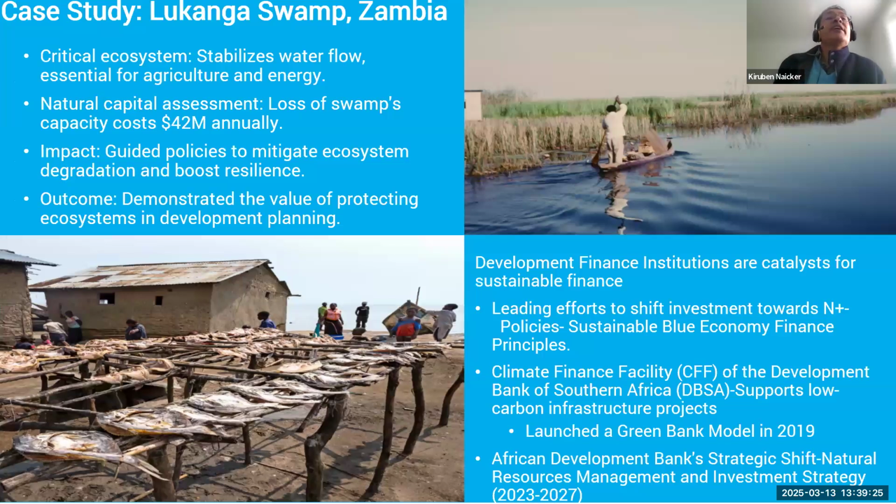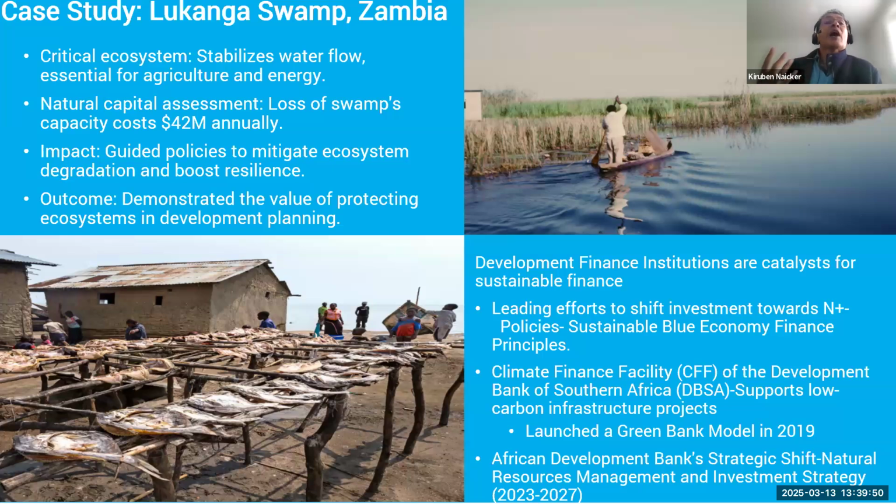So I'm going to touch very briefly on the case study on Lukanga Swamp in Zambia. This is a critical ecosystem which stabilizes water flow, essential for agriculture and energy. And the natural capital assessment, the loss of the swamp's capacity cost $24 million annually.